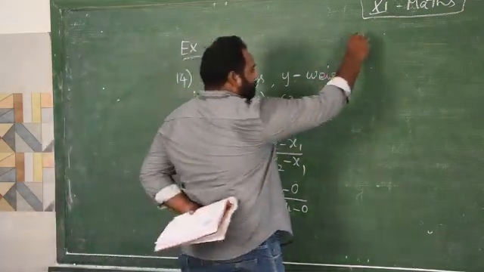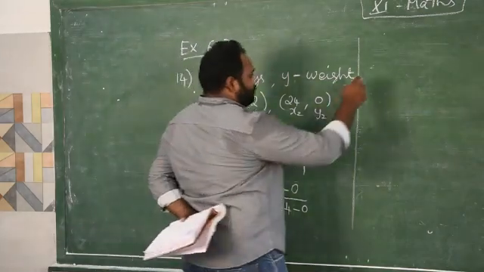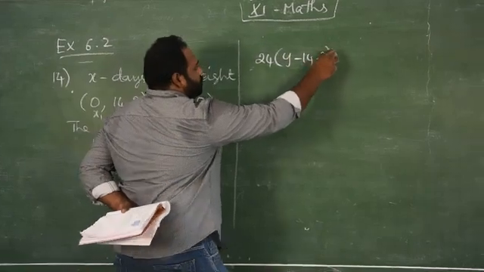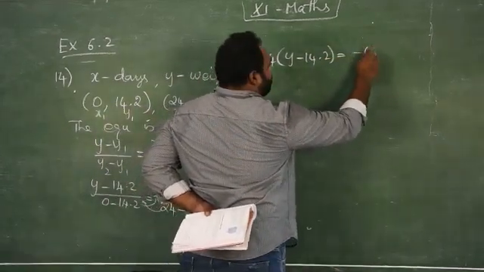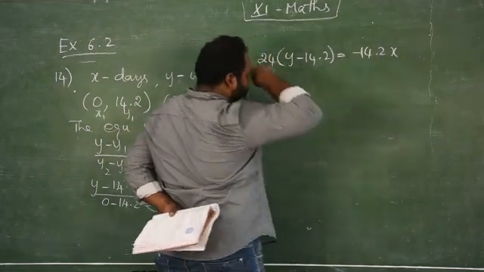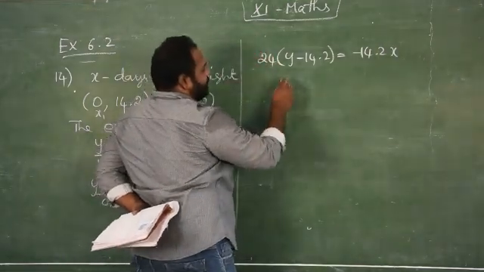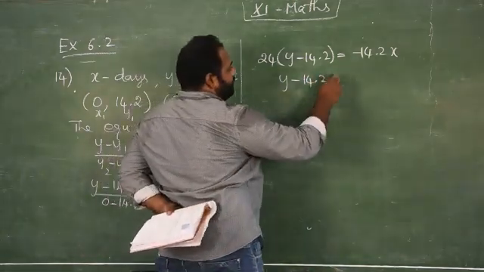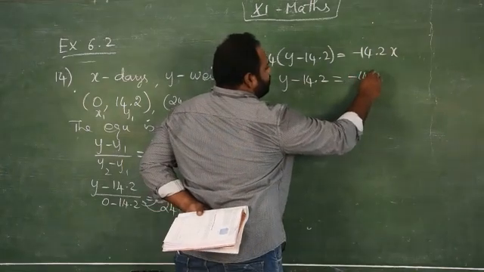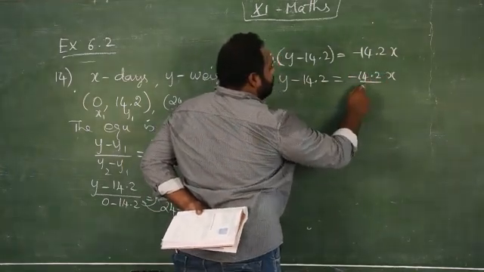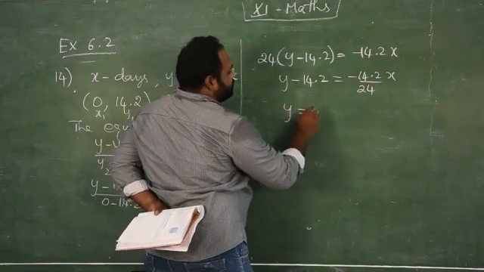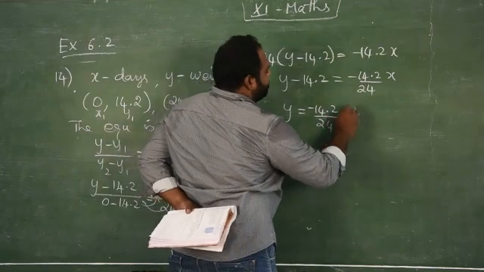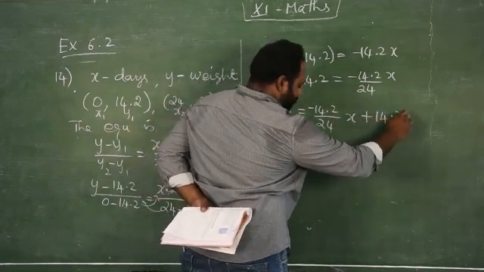So 24 multiplied by (y minus 14.2) equals minus 14.2 into x. Carry this 24 to this side, because I am going to write y in terms of x, so I carry all the values to this side: minus 14.2 x divided by 24. So y is equal to minus 14.2 by 24 into x, plus 14.2.